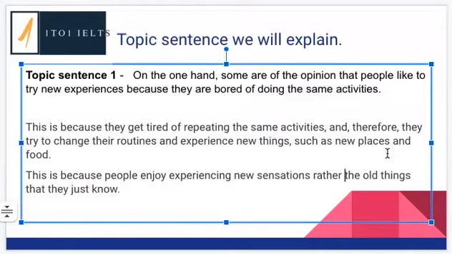So, excellent, yeah, that. Okay, this is because they enjoy experiencing new sensations rather than the old things that they just know. So the just here, I'm not quite sure why we have a just. Already would be, yeah, okay, slightly better here. This is because they enjoy experiencing new sensations rather than the old things that they already know.